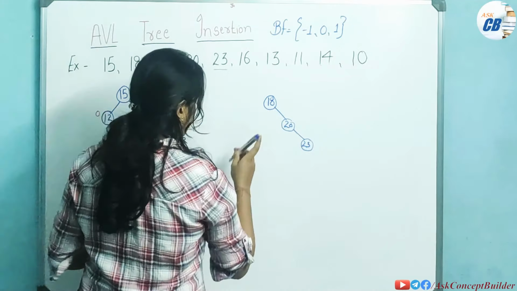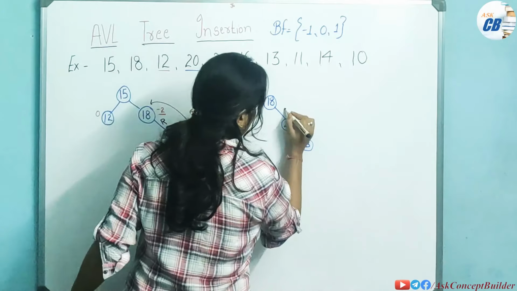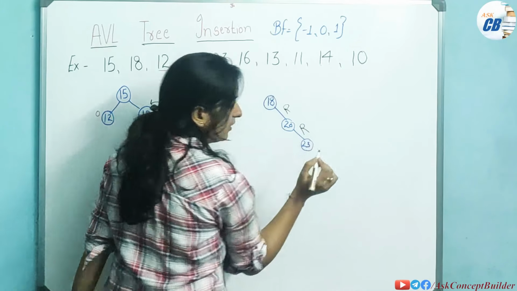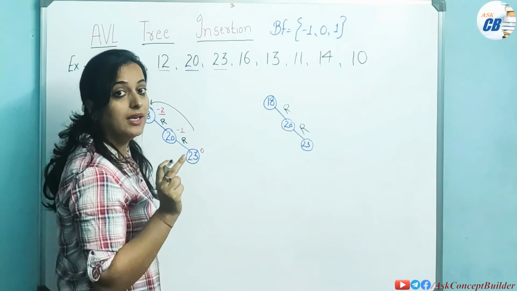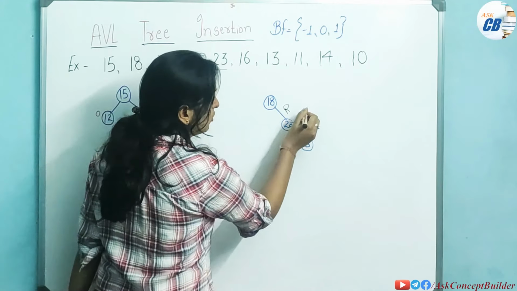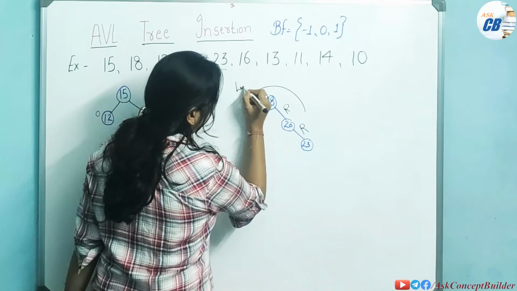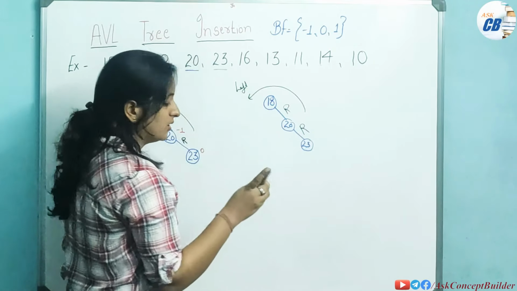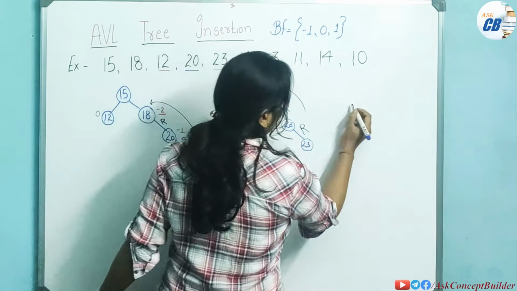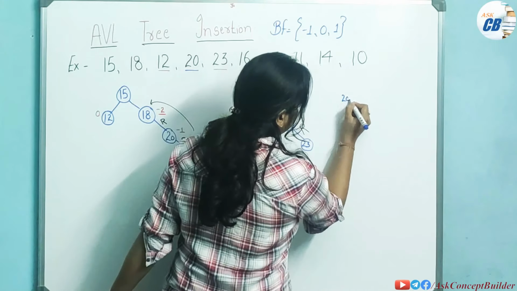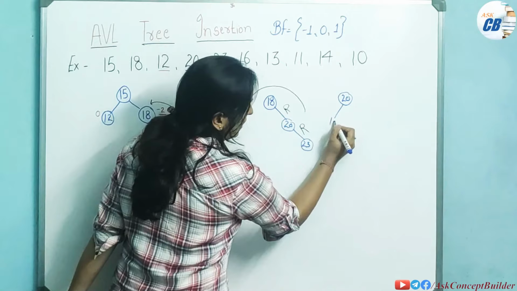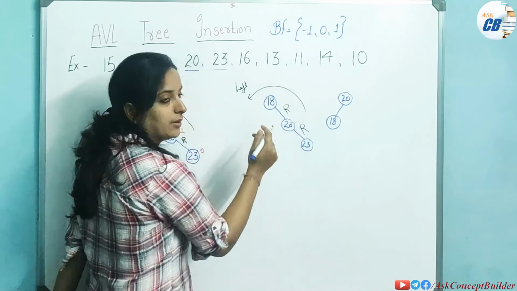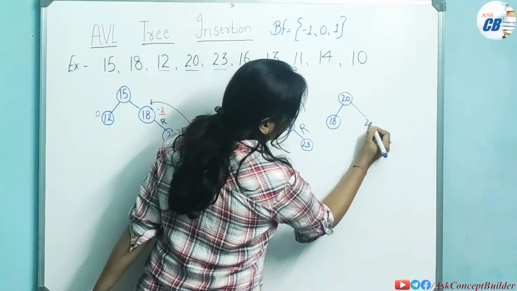Now see, this is your simple RR problem, which we have already discussed. For an RR problem, you have to perform a left rotation. In a left rotation, this 18 will come down, 20 will become your root node and 23 will come here.